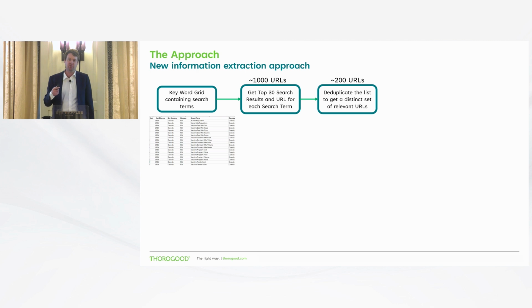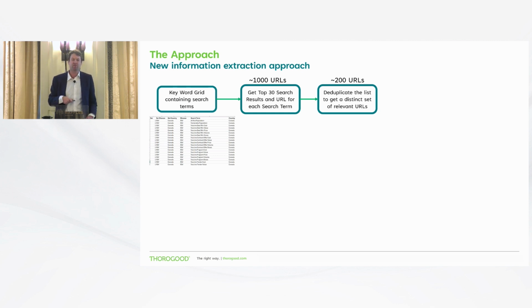What we'll then do is perform some transformation on the websites that have been found, because there'll be things like duplicate websites and so on. Doing that transformation pulls it down to 200 URLs.